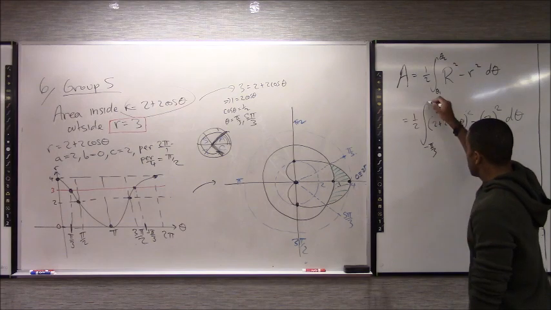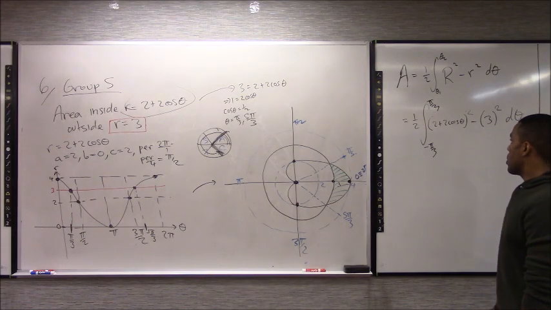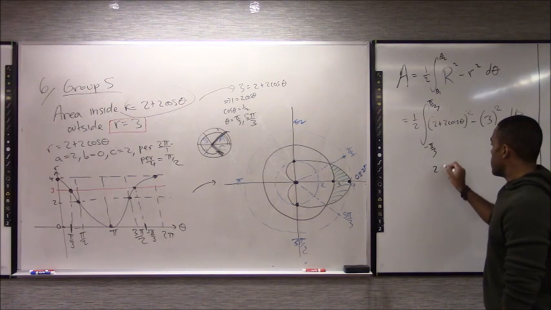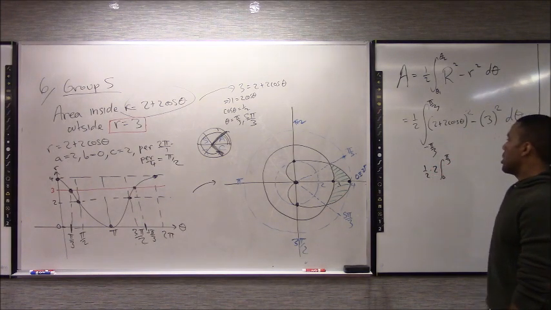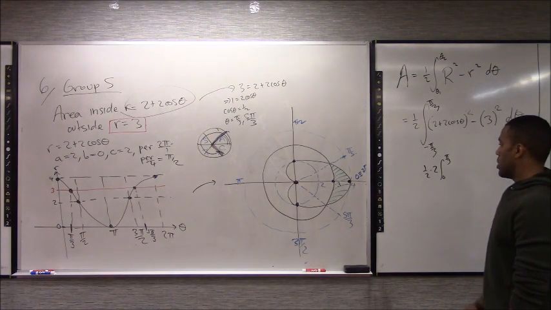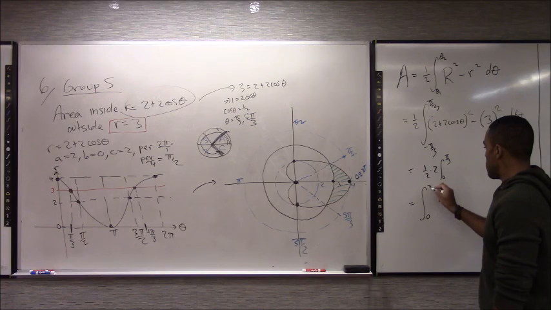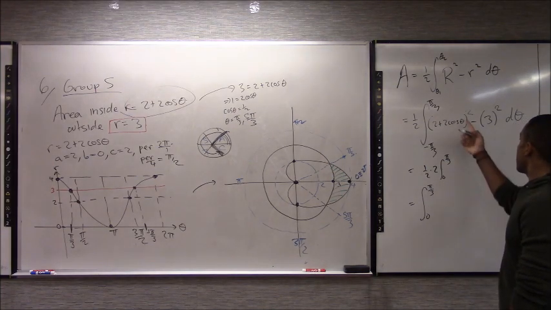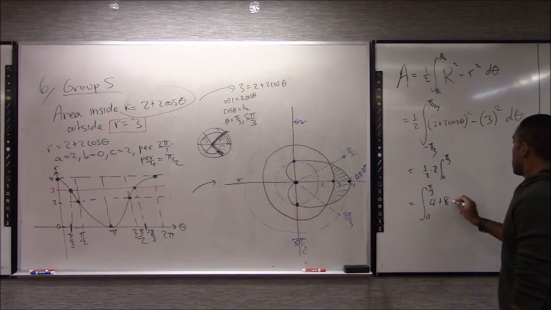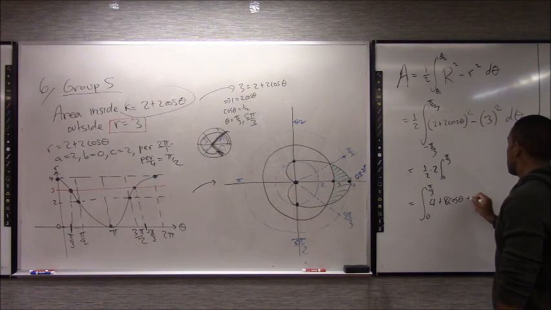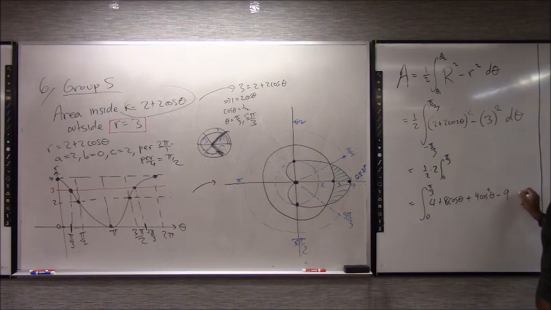Or could you do 0 to pi over 3 and then just cancel out with the half? Mhm. You could also double it from 0 to pi over 3, and that would also work, which is probably nicer. Let's write this as just 0 to pi over 3, and I'd expand this. This is 4 plus 8 cosine theta plus 4 cosine squared theta minus 9.